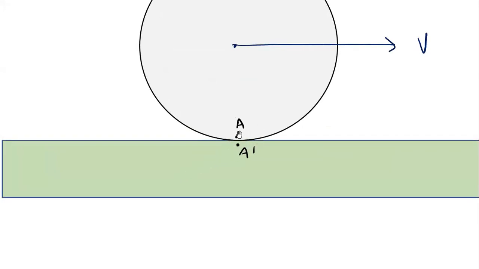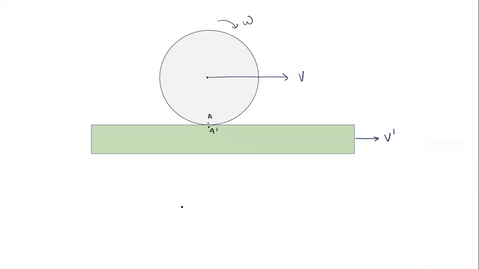Now for a pure rolling condition, the velocity of the point of contact of the body should be the same as the velocity of the surface point A dash. Am I correct? That is what pure rolling means: the velocity of the point of contact of the body with respect to the surface is zero.